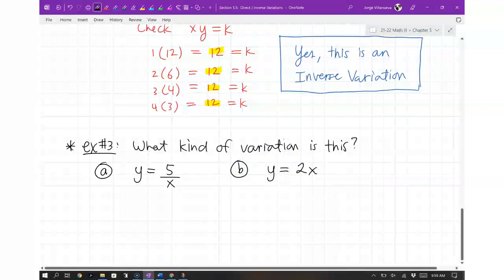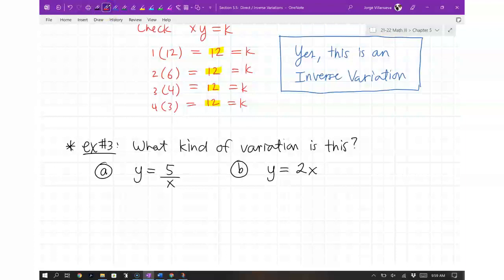All right, so we're going to do those two. Remember, the whole thing here is to isolate the constant. In other words, get the problem where on the right side it's just the number, and on the left side it's all your variables. And then see which one it fits.